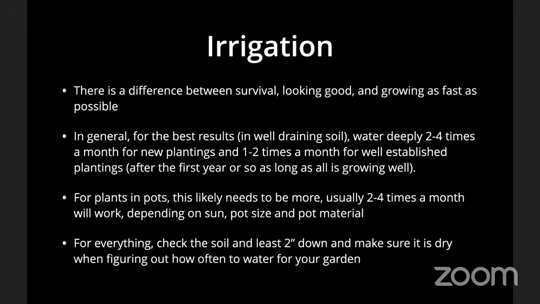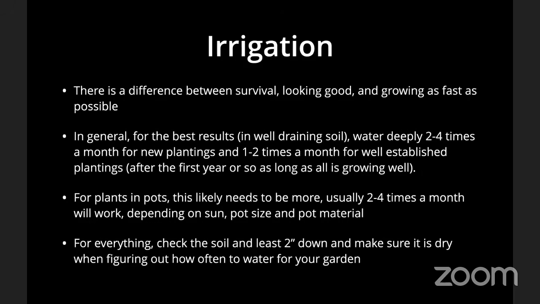So we're going to talk a little bit about irrigation, and then we'll be shifting more into the design part of things and looking at pretty pictures. So for irrigation, with succulents, there's a difference between survival, looking good, and looking good plus growing as fast as possible to have impressive sized specimens in your garden.